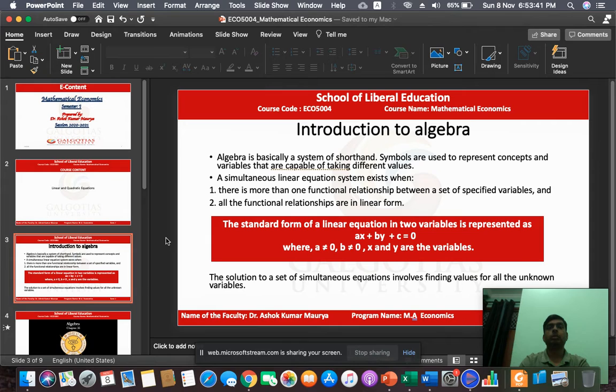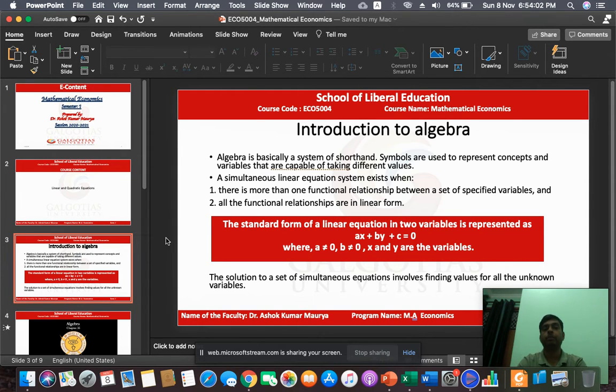Actually, an equation represents two or more than two variables. Algebra is basically a system of shorthand. Symbols are used to represent concepts and variables that are capable of taking different values.